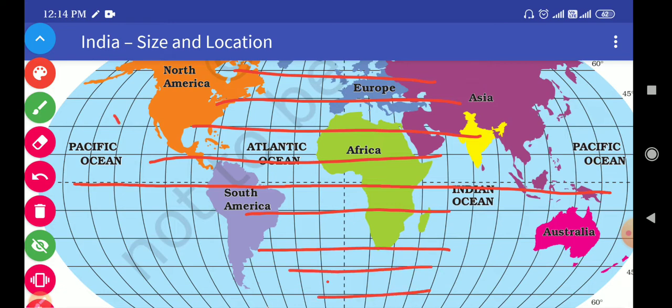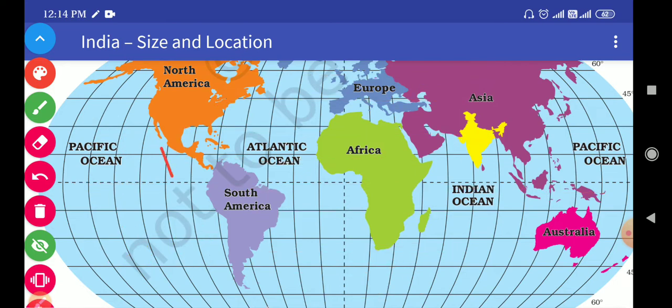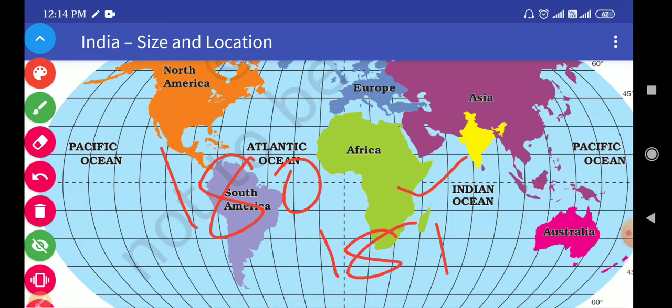In the northern hemisphere there are 90 latitudes, and in the southern hemisphere 90 latitudes. So there are a total of 180 latitudes, and if we add the equator also, then it will be 181 latitudes. Now according to latitude, we will find out the location of India.